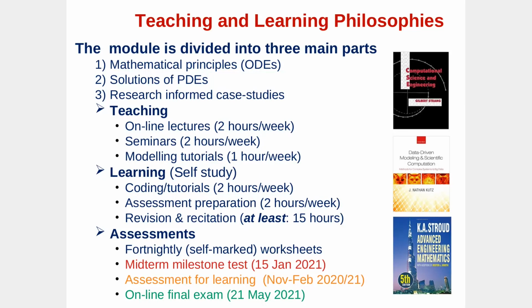The revision and recitation will require at least 15 hours to obtain a pass grade in those assessments. If higher grades are required, then it's usually about an extra 15 hours per grade. So if you wanted a merit, then you'd be looking at 30 hours, maybe 45 to 50 hours revision and recitation to ensure that you get a distinction grade or a first class grade.